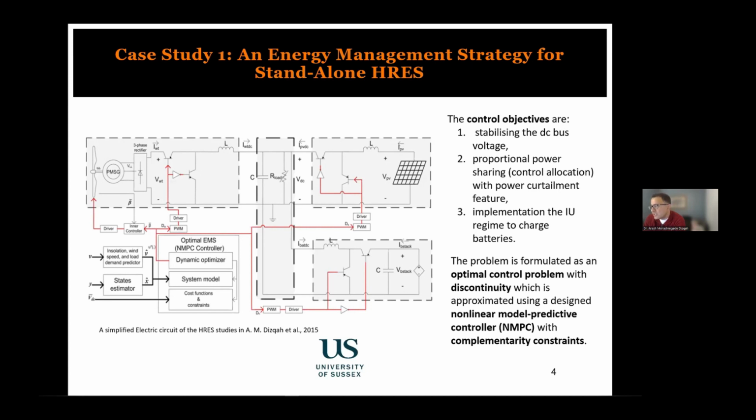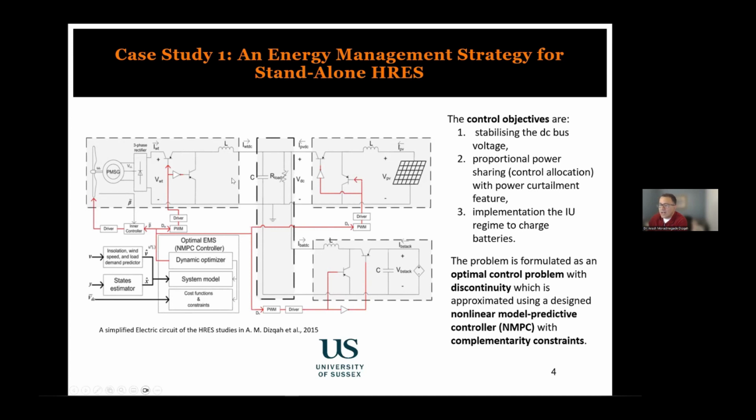Then the question is how you can stabilize such a DC microgrid in a way that you make sure, for example, that the voltage of this DC bus is always within a range, which means you're managing the consumption and the production of energy.